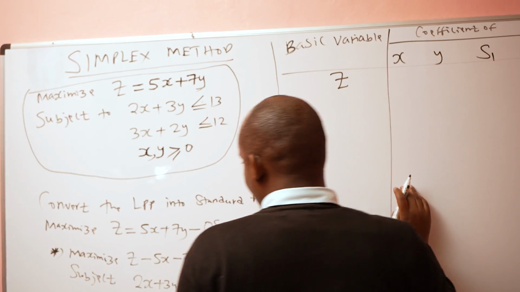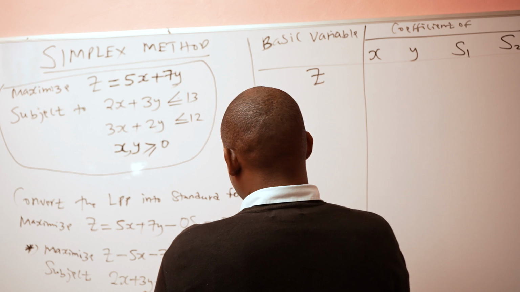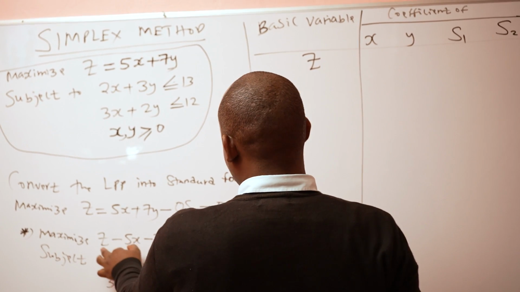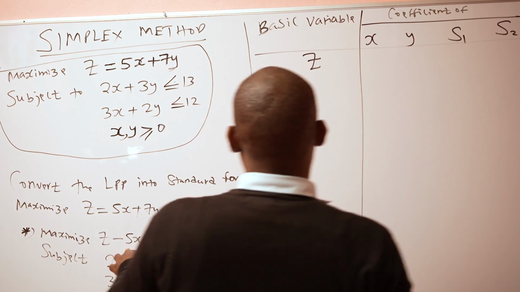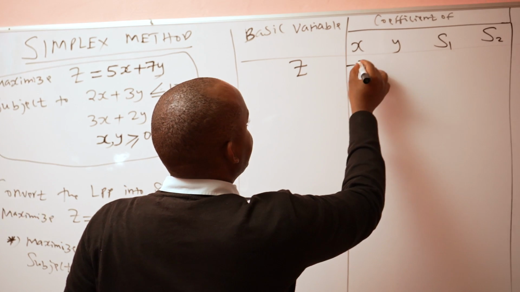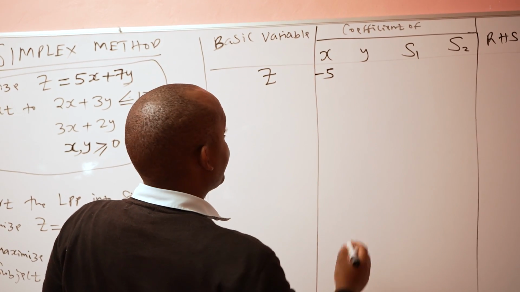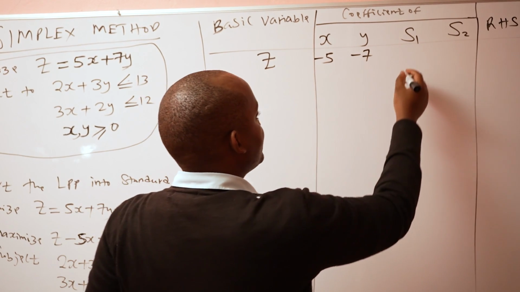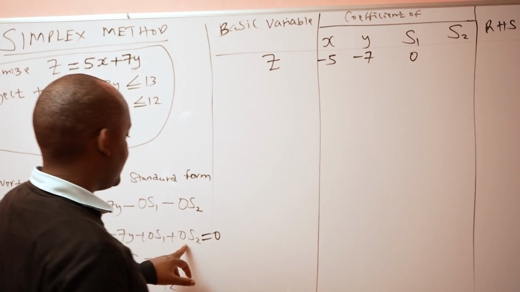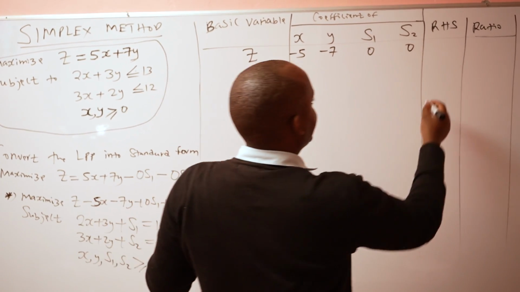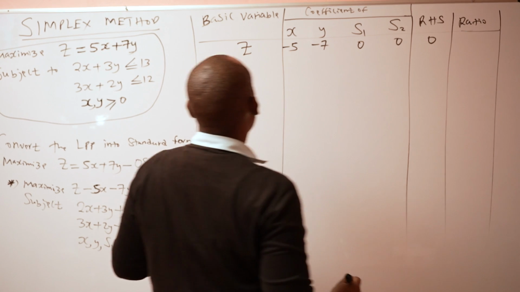Remember this is equated to 0 because we send this to the other side. So the coefficient of x here is negative 5, so we're going to put negative 5 there. The coefficient of y is negative 7. The coefficient of s1 is 0. The coefficient of s2 is 0 as well. And what we have on the right hand side is 0.